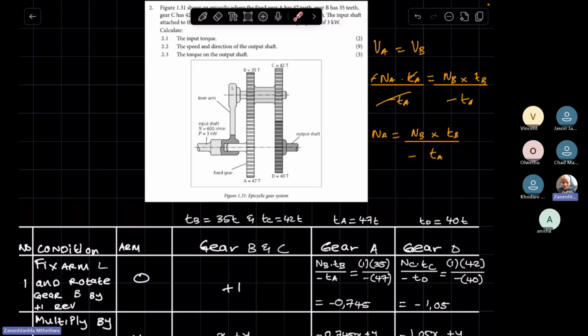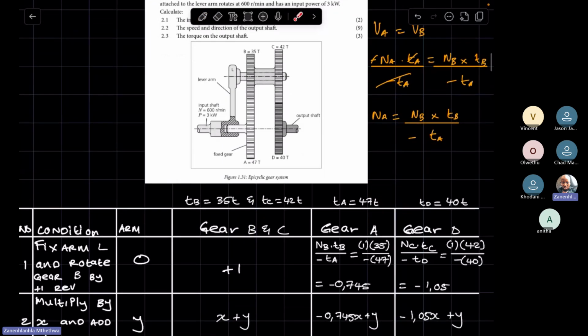Right. Now we want to get rid of NB, but instead of using the value we got for NB, which is 1, we want to express this in terms of number of teeth. So you have to look at what else NB is equal to.